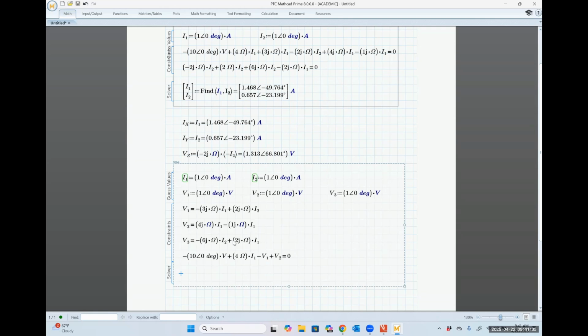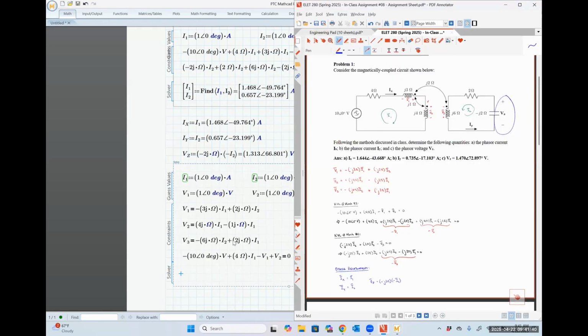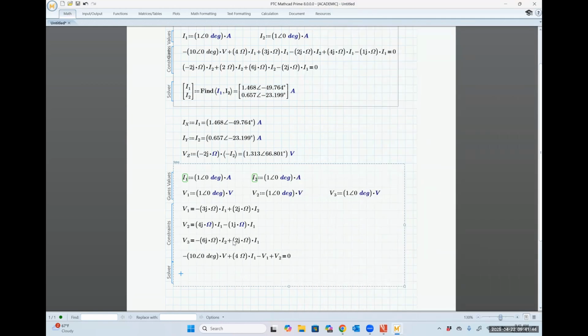And now for my second equation, minus J2 I2 plus 2 ohms I2. So let's see, minus 2J times, goodness, minus V3 is equal to 0.